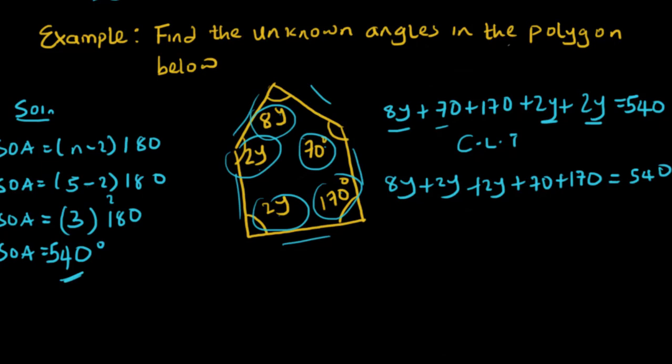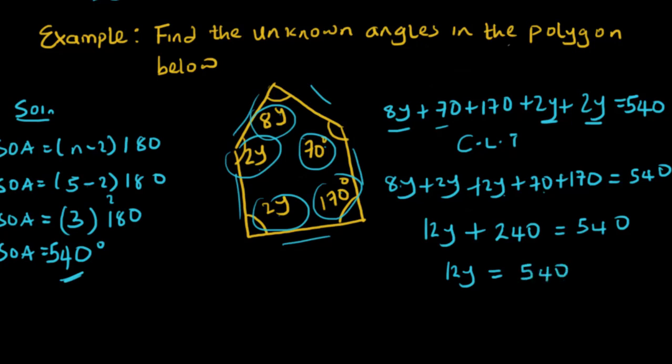I hope you are following. 8y plus 2y, that is 10y. 10y plus 2y, that will be 12y. Plus 70 plus 170 should give me 240 equals 540. Now 240 goes to meet 540, so I should be having 12y equals 540.